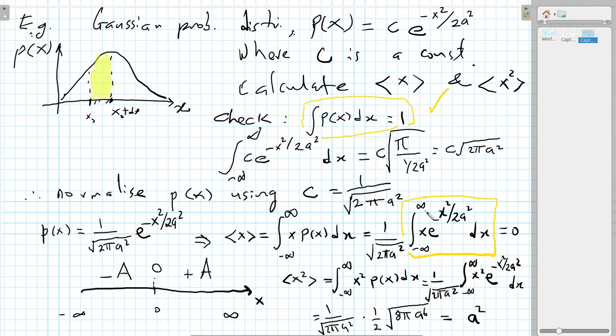So computing integrations is going to be important later, and for that reason we're going to talk a bit more about this type of integration. Already we've talked about one of them, how to do this integration of x times e to the minus x squared divided by 2a squared. You can see it's 0 as I have explained earlier.